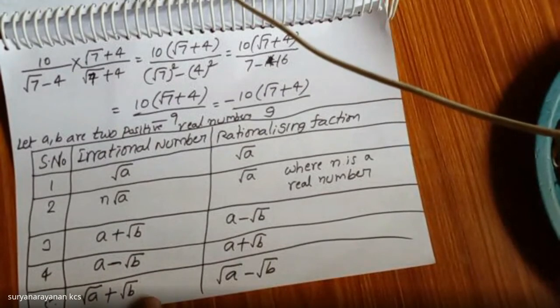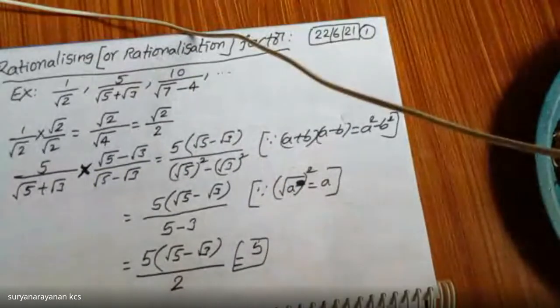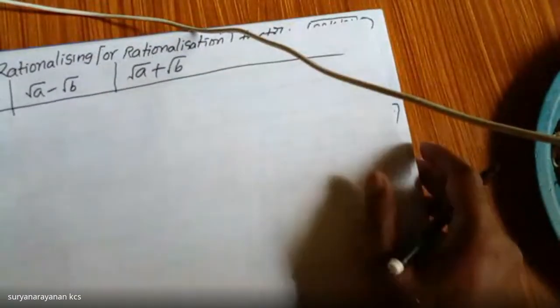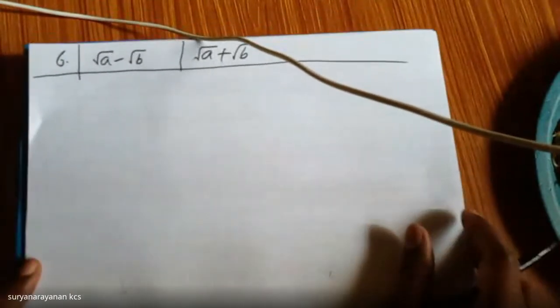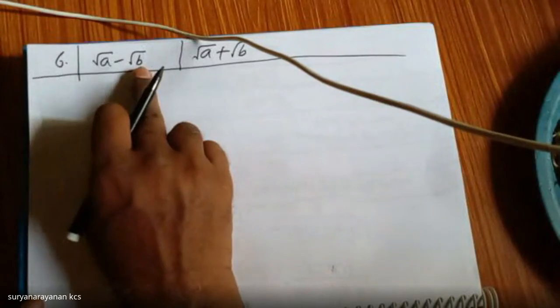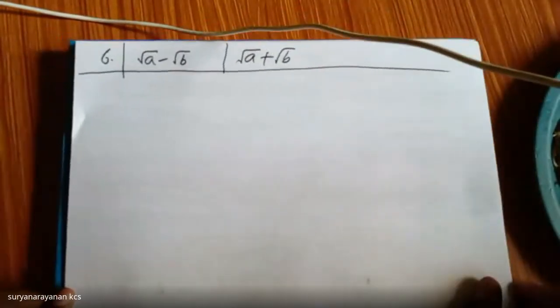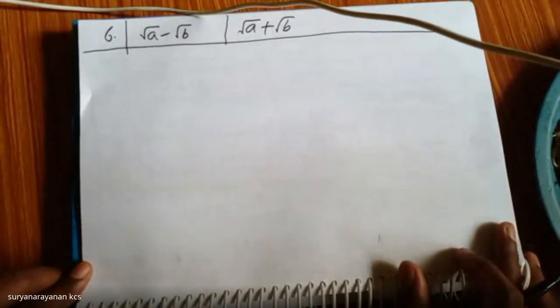If root a plus root b is there in the denominator, then its rationalizing factor is root a minus root b. If root a minus root b is there, then root a plus root b is the rationalizing factor. Okay, my children.